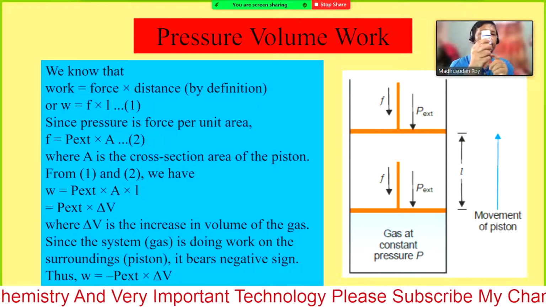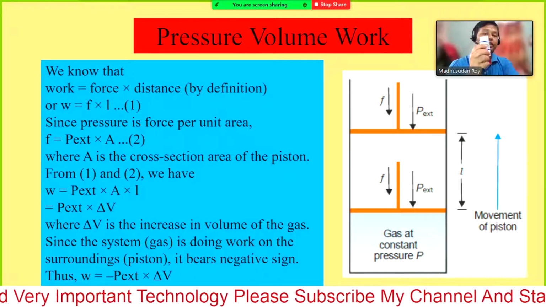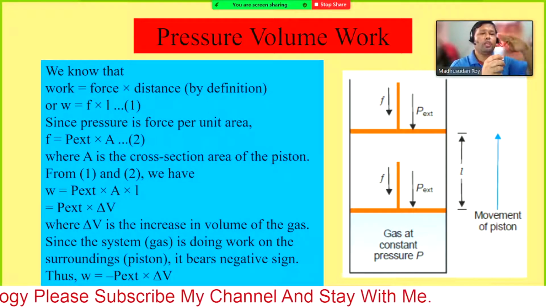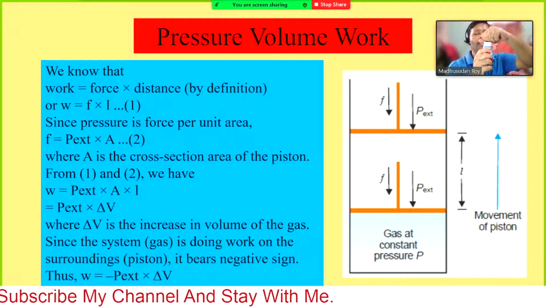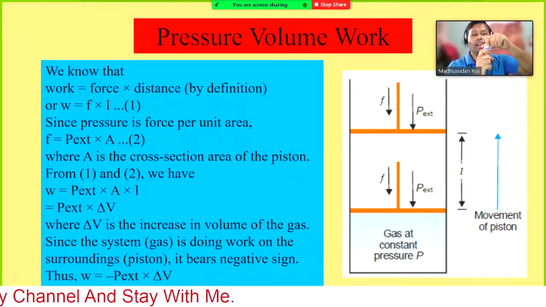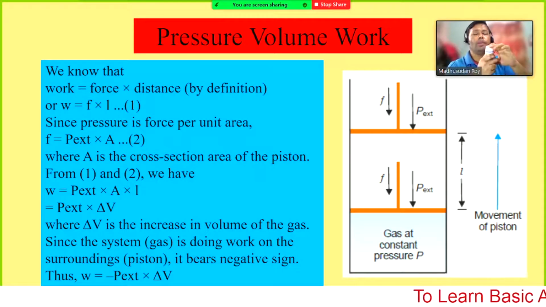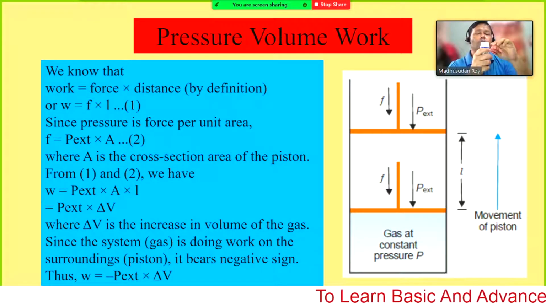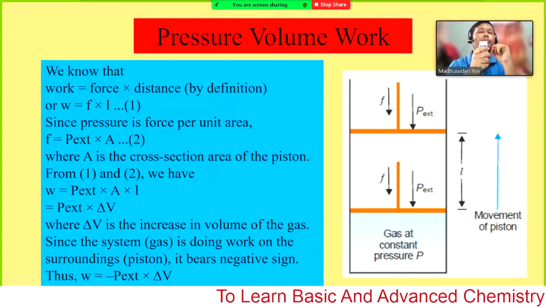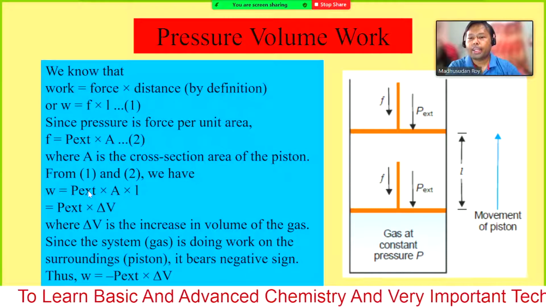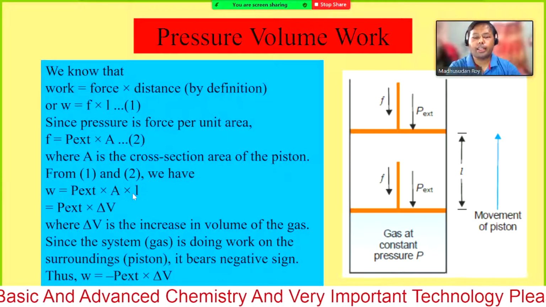So if you consider this is the cylinder, and now you put a piston over it, in that case you can find how much work will be performed: the area of the cross section multiplied by how much displacement happened. So here you can see W equals P exert multiplied by A into L.